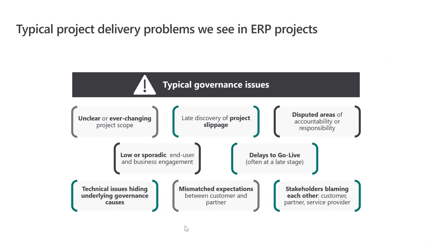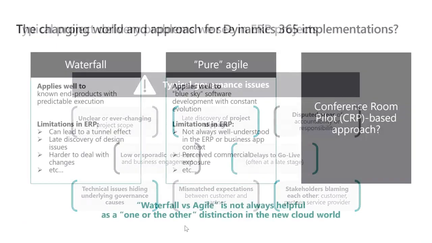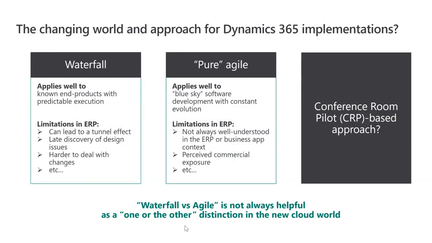In other words, the roots of the actual problem are not the technical issue being discussed, but the governance issues that lie underneath. And hopefully you'll see through the approach how we recommend we deal with them to ensure that we reduce the pain of those issues that we saw. A typical conversation that we hear is on the approaches, waterfall versus agile.